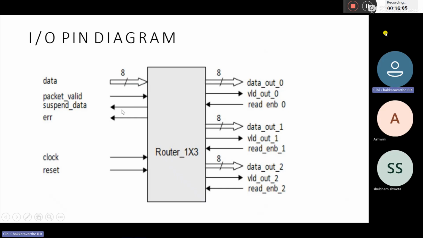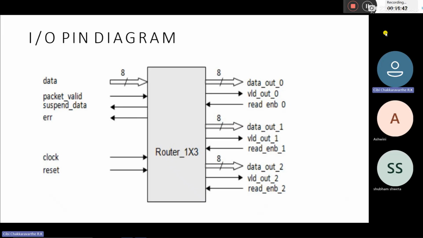Then we have busy and error. If our destination is not receiving the proper data, or our parity is mismatching, at that time the error signal will be asserted. Or else, if our FSM is doing some other work, and our router is managing some other data, it can't accept the packet right now and can't process it, then the busy signal will come.